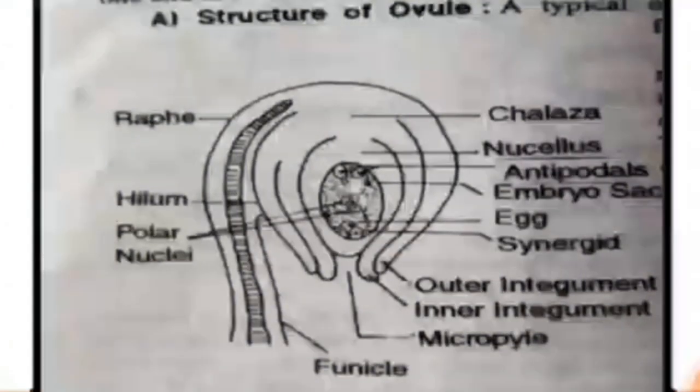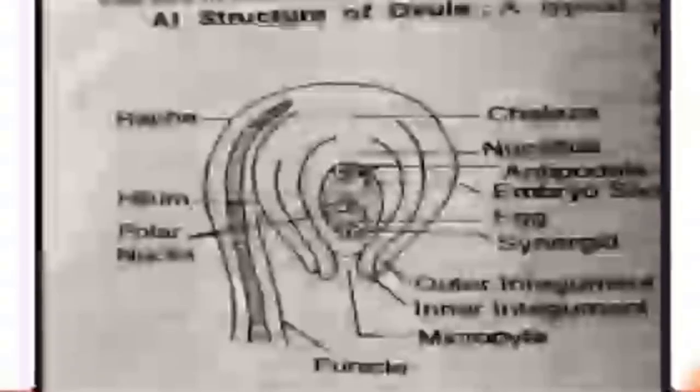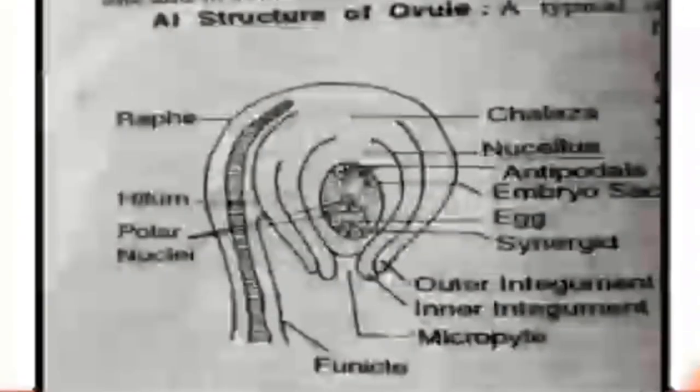It may be narrow or broad depending on the extent of nucellus enclosed. In the majority of angiospermic plants, the ovule is found to be inverted, that is, the micropyle and funicle lie parallel and close to each other, while the chalaza lies away from the funicle.